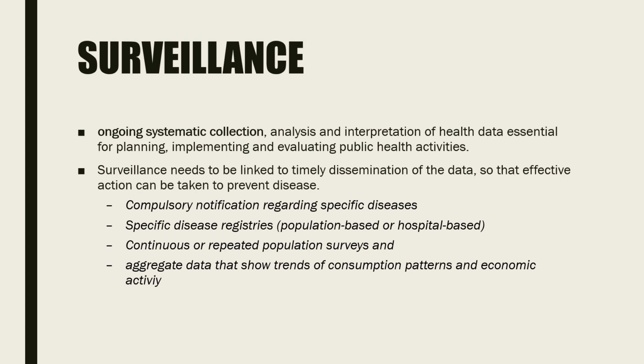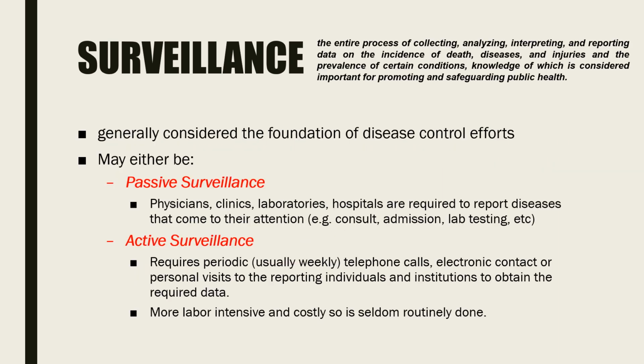Examples include compulsory notification regarding specific diseases, specific disease registries, continuous or repeated population surveys, and aggregate data that shows trends of consumption patterns and economic activity. It is generally considered the foundation of disease control efforts.